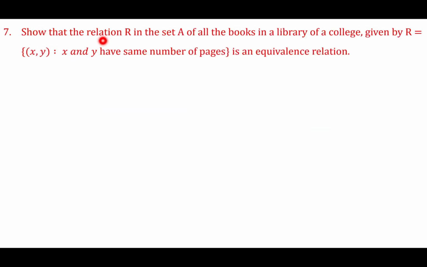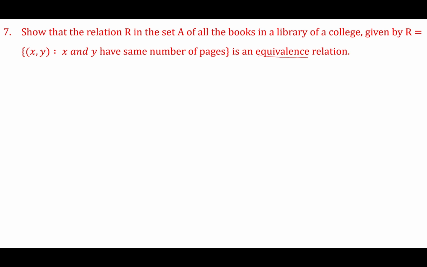Question 7. Show that the relation R in the set A of all the books in a library of a college, given by R equal to (x, y) such that x and y have the same number of pages, is an equivalence relation. Equivalence relation means it is reflexive, transitive, and symmetric.